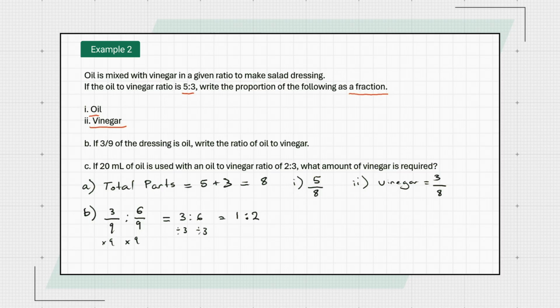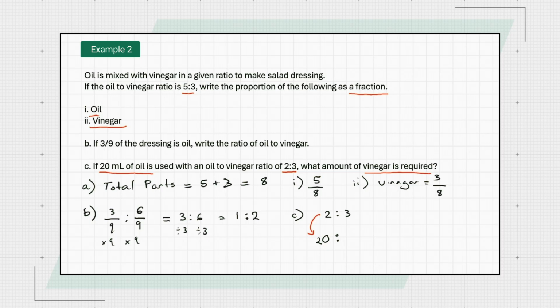If we look at C, we have 20 mils of oil used with an oil to vinegar ratio of 2 to 3. How much vinegar is required? So our starting ratio is 2 to 3. But we have 20 mils of oil and we don't know how much vinegar to add.